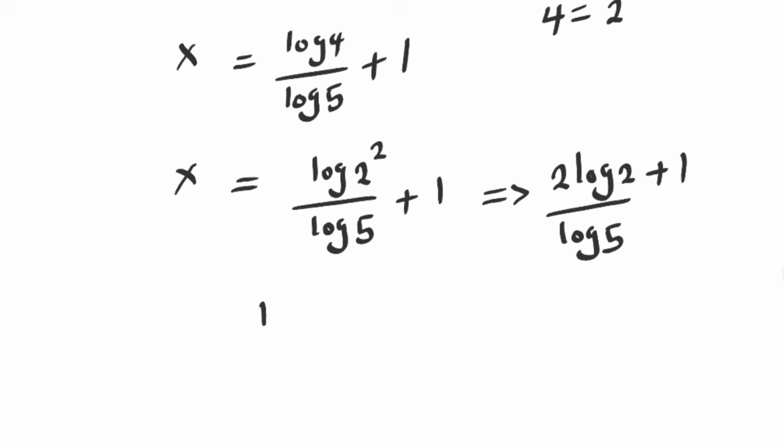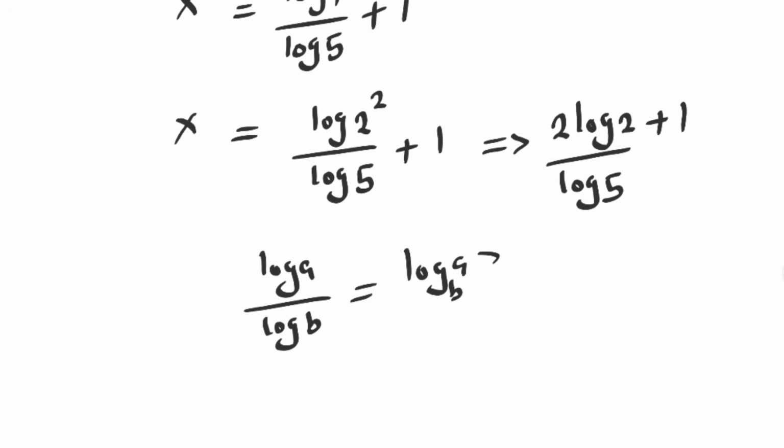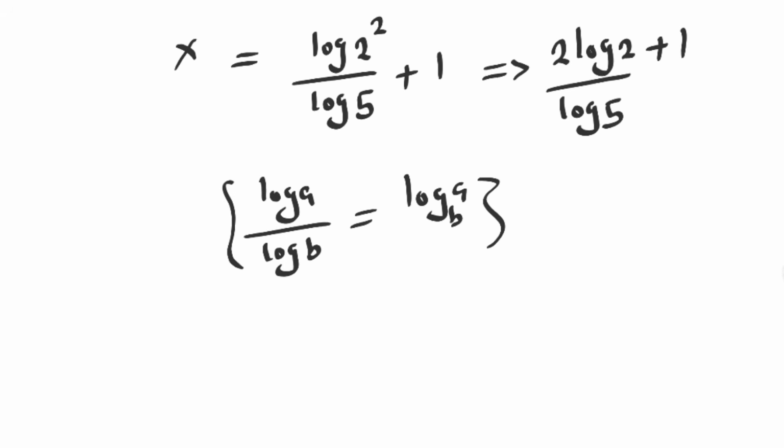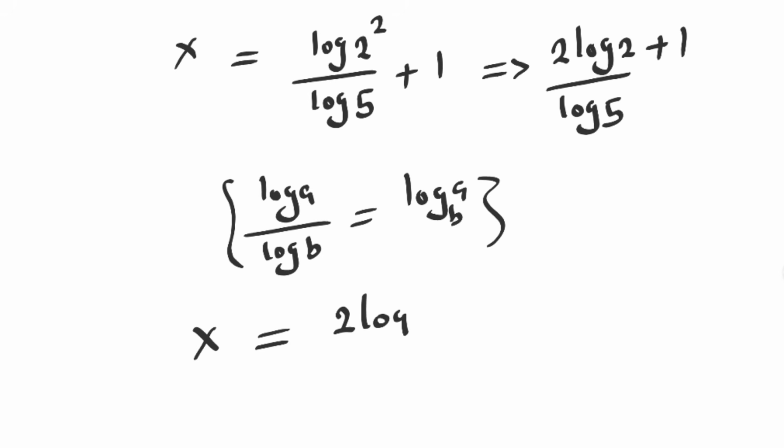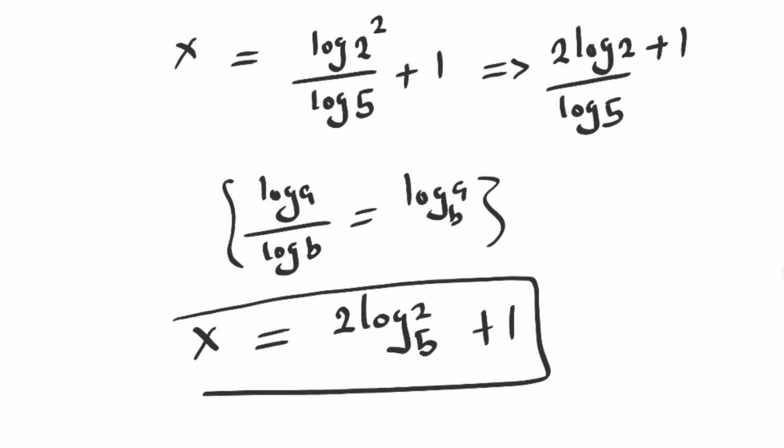If you have log a over log b, this is equal to log a base b. x is equal to 2 log 2 base 5 plus 1. Then this is the final answer.